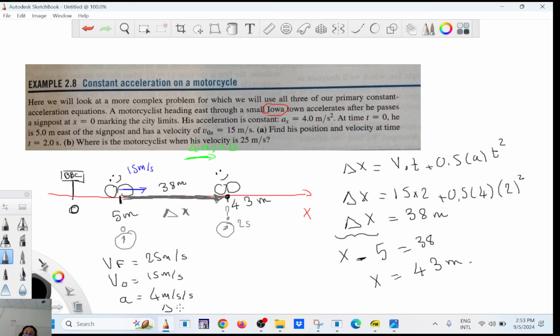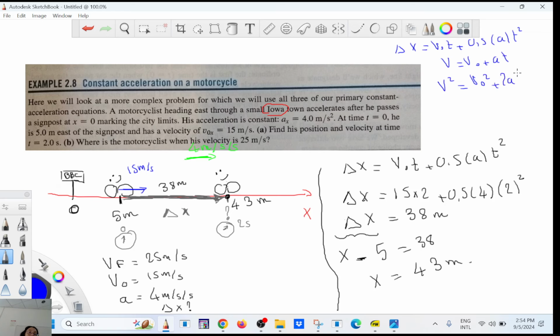And you want to find the displacement delta x. So you have your kinematic equations. Look at them. The first one is delta x equals initial velocity times time plus 0.5 a t squared. The other one is final velocity equals initial velocity plus a t. And then you have v squared equals initial squared plus 2 times acceleration and delta x.